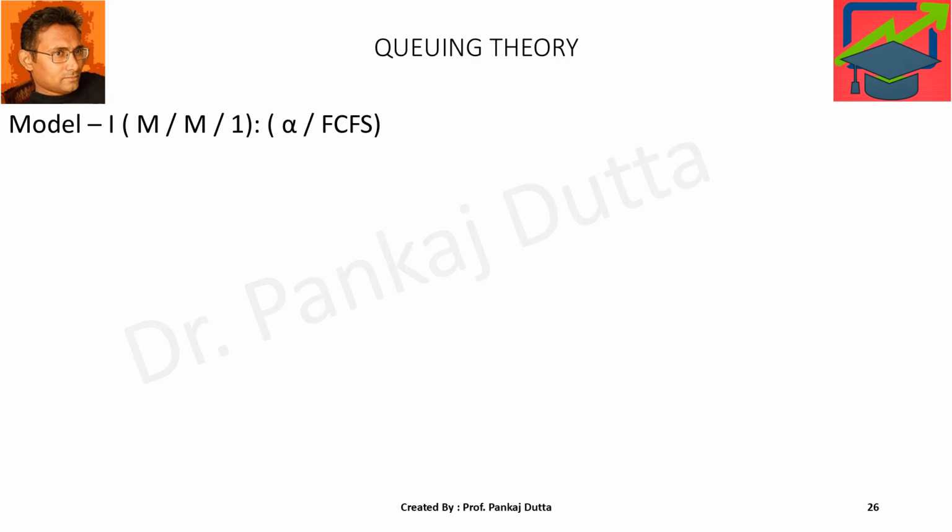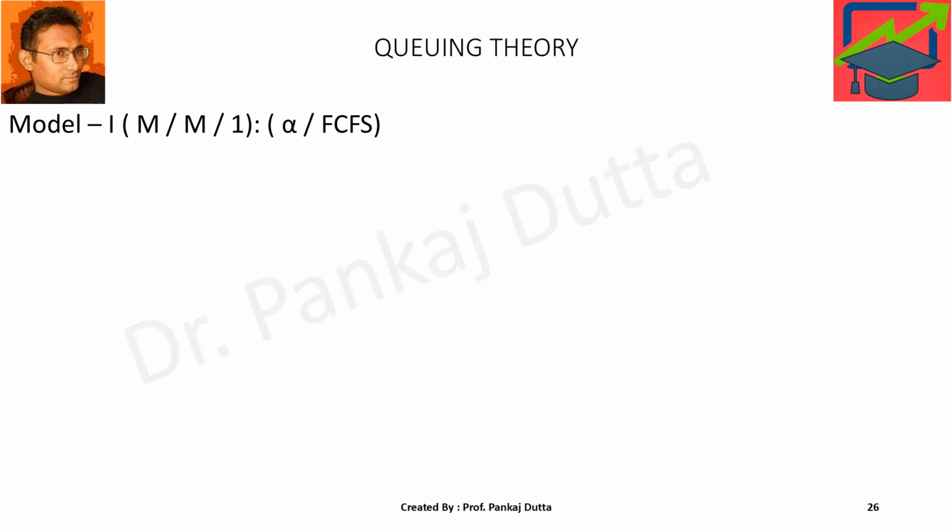What is this Markovian property or memoryless property? Discussing this in detail is beyond our scope, but in a very simplistic manner, we can say that as per this property, the queuing system does not have any memory. Or in other words, the system does not take into account the previous state to define the present state.